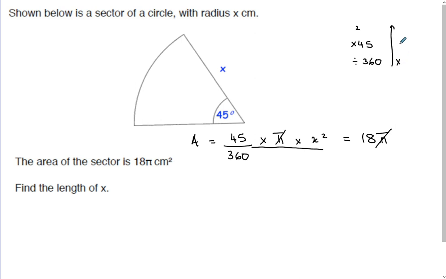We times 360, divide by 45, and square root it. So we take the 18, multiply by 360, divide by 45, and then square root our answer. You'll get x equals 12 centimeters.